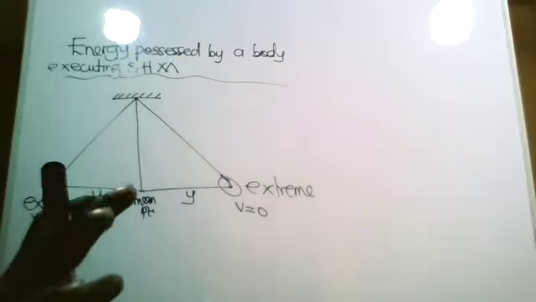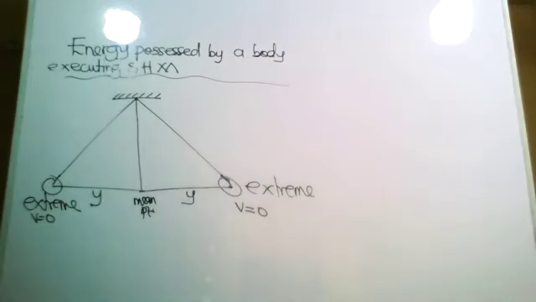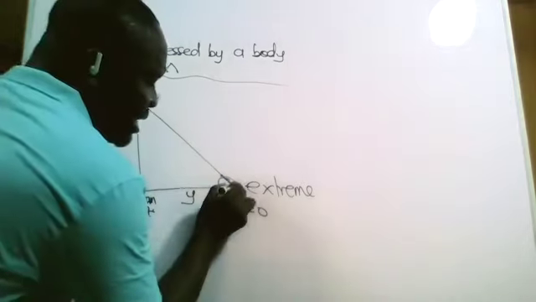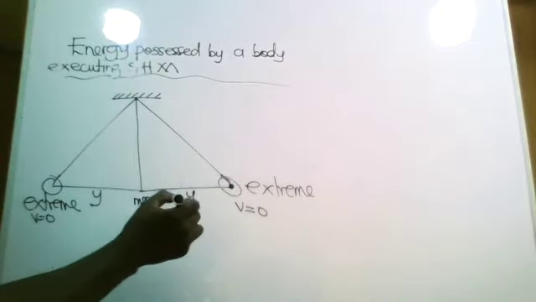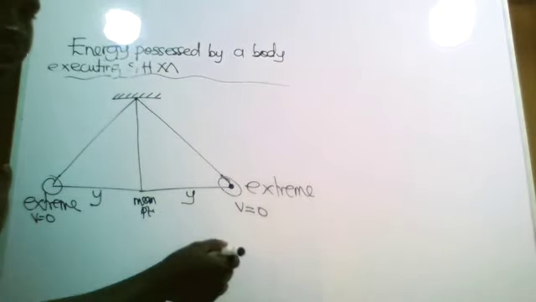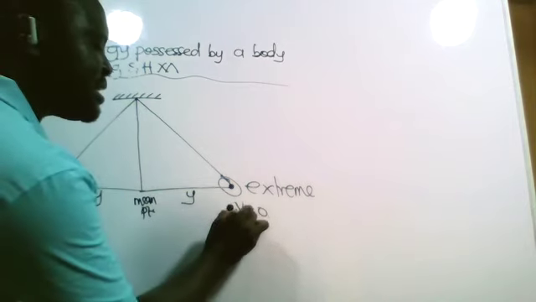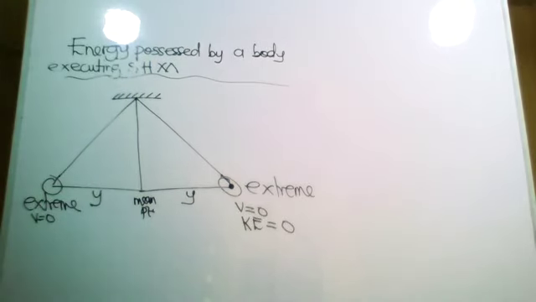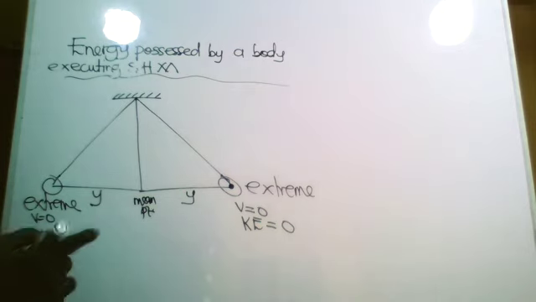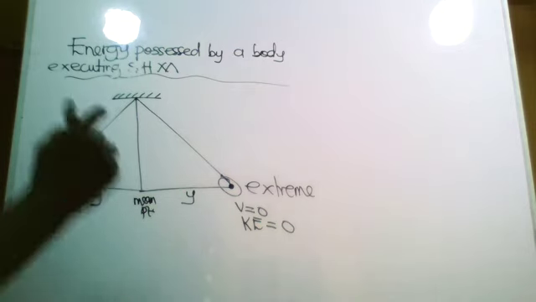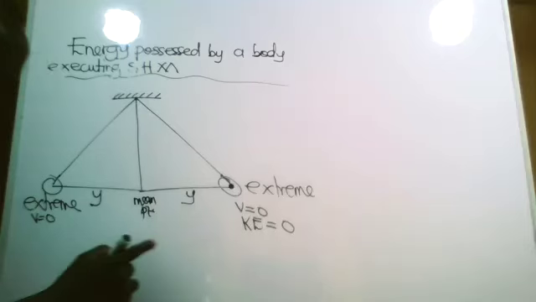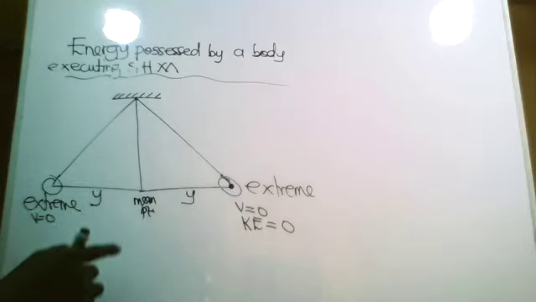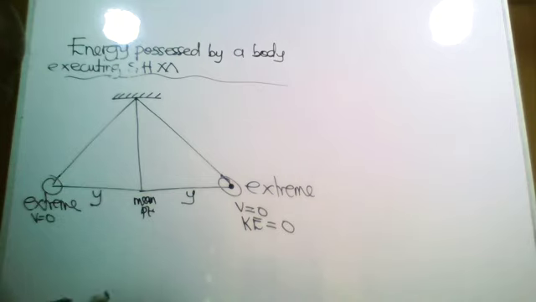We saw that for an oscillating body, its minimum velocity occurs at the extremes. So if the velocity at the extreme is 0, and kinetic energy has to do with velocity, then kinetic energy is also 0. Wherever velocity is minimum, kinetic energy would also be minimum. Wherever velocity is maximum, kinetic energy would also be maximum.